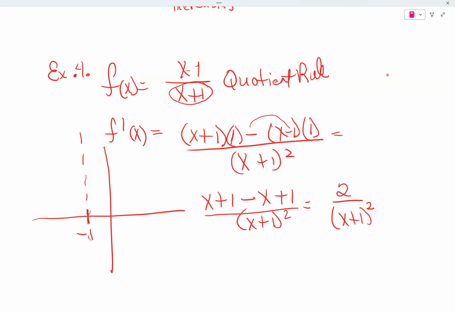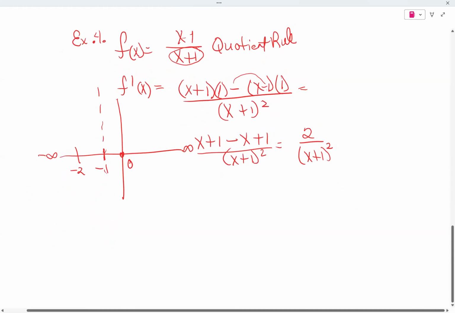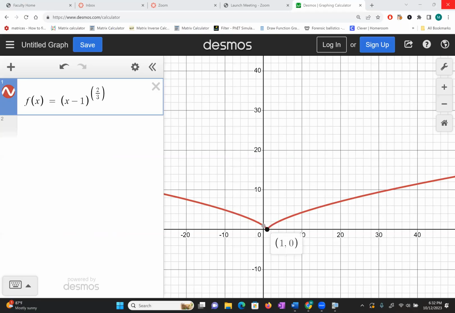I could use -2, and once again, to make life easier, I could use 0. And you can see this being negative infinity to infinity over here on this side, given that critical number -1, which by the way, let me show you why I say it's a critical number, and you'll see it in the graph itself. So let me get out of here. Let's go to Desmos.